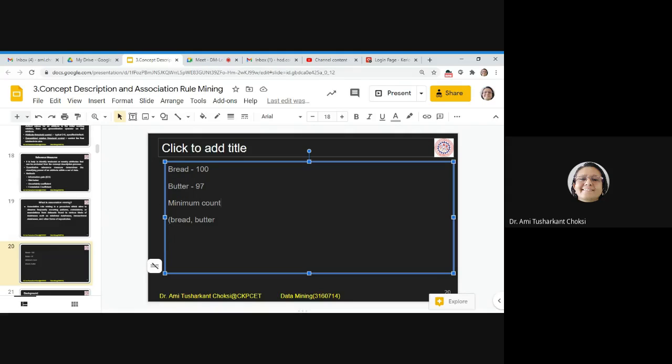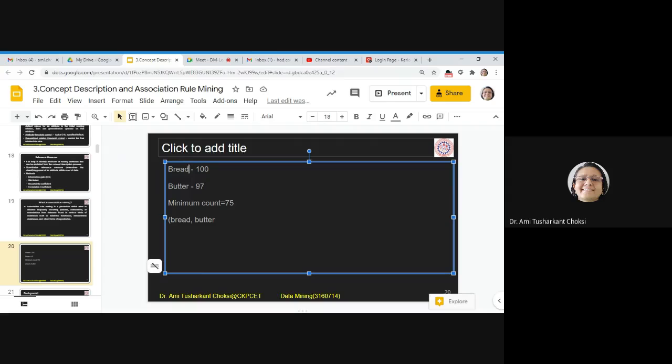Fine. Now suppose here it is given, say, 75. For example, this is given. So what do we have to consider? Bread is purchased 100 times, which is more than whatever minimum count is given. So this item is frequently sold.